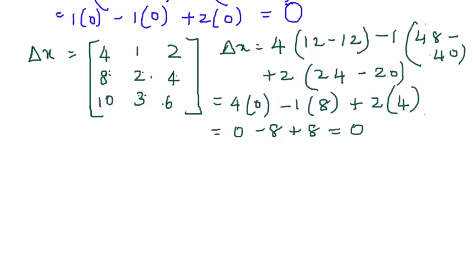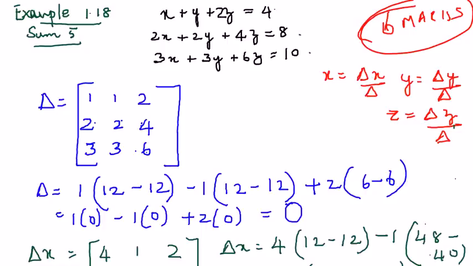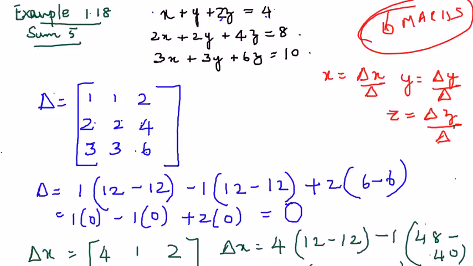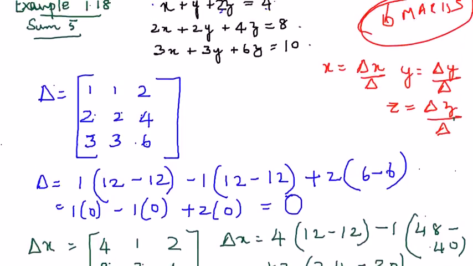Now let's find out del y. When you write the matrix for del y, leave the y column and start from x. So it would be 1, 2, 3, then don't write the column for y, then write 4, 8, 10.